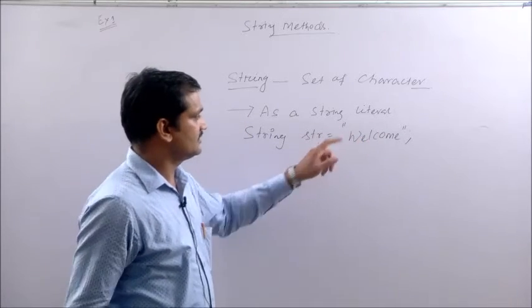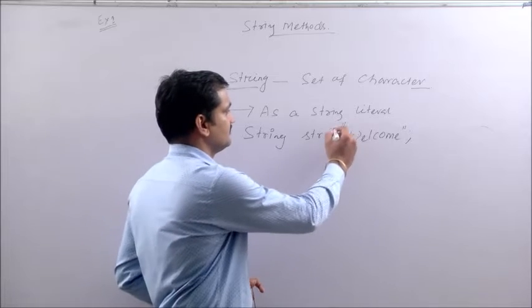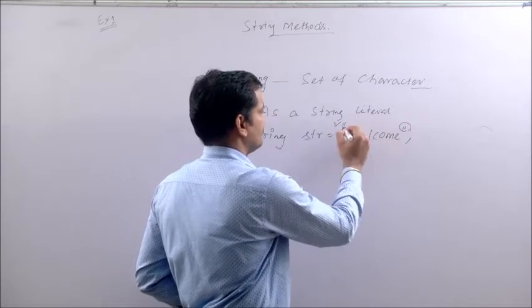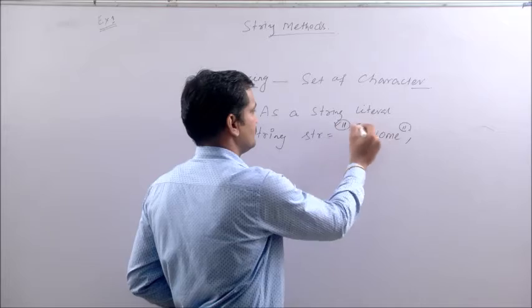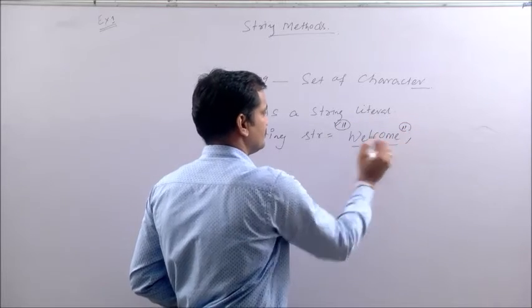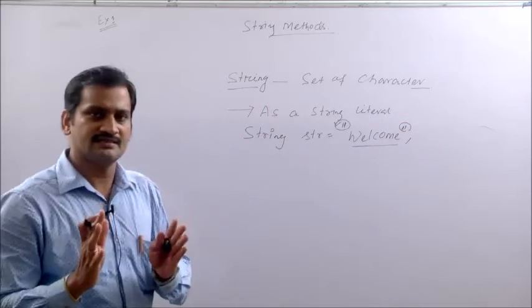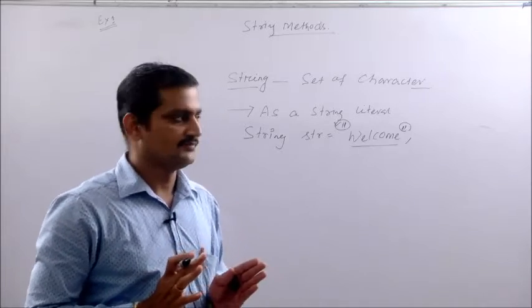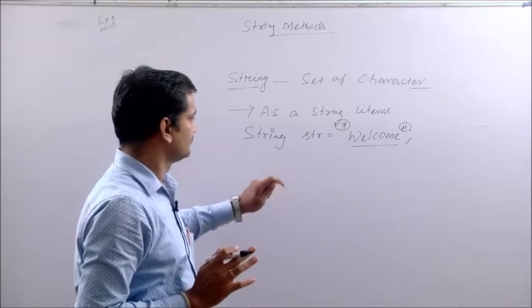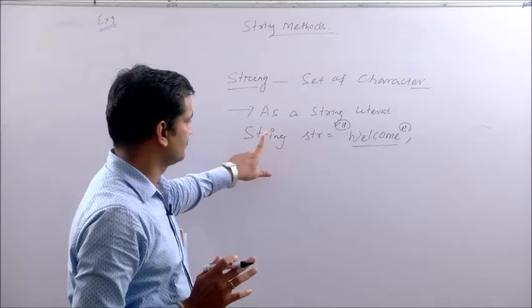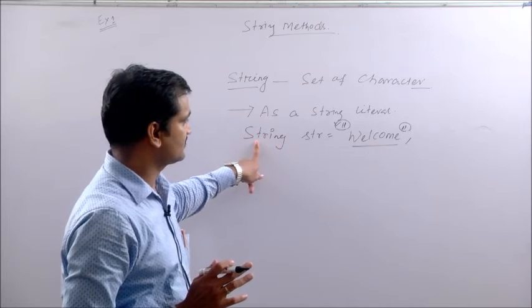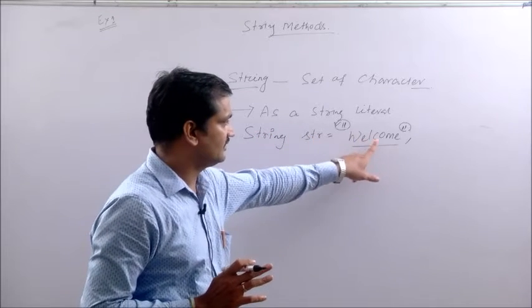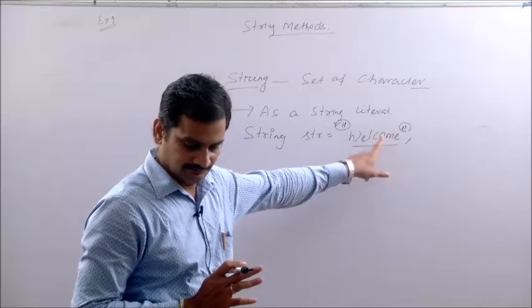So a string is always mentioned within a pair of double quotes, remember. Whenever you are going to express a string literal or a string constant, it should be within a pair of double quotes. So str is the object created by using the String class, and it refers to a literal value, that is welcome.